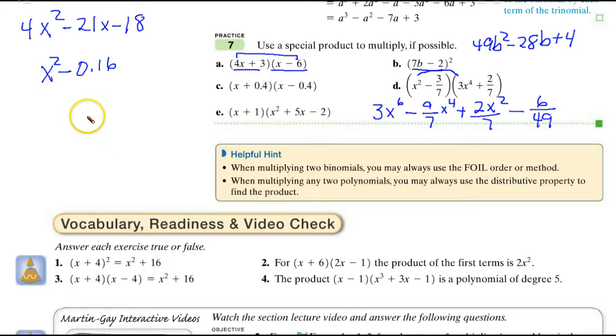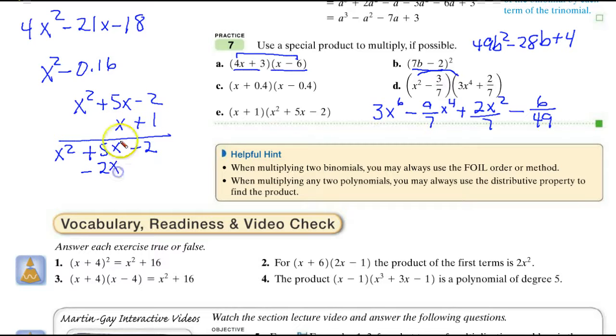Okay. And then this one you can just do vertically. Well, let's do it vertically. So x squared plus 5x minus 2, and this is x plus 1. So this is a negative 2. This is a positive 5x, and this is x squared. x times this is a negative 2x. This is a positive 5x squared.